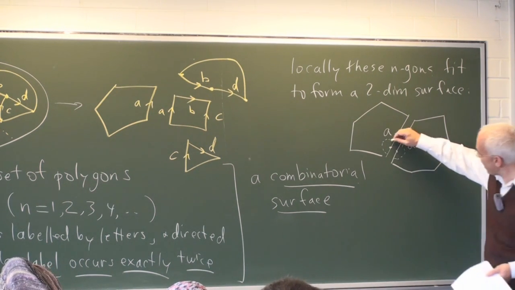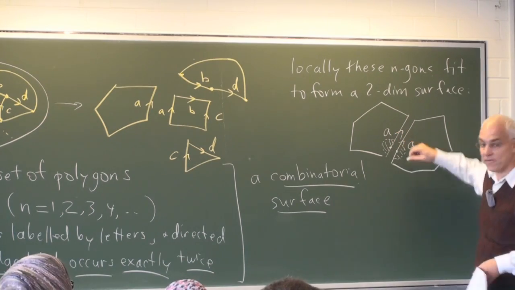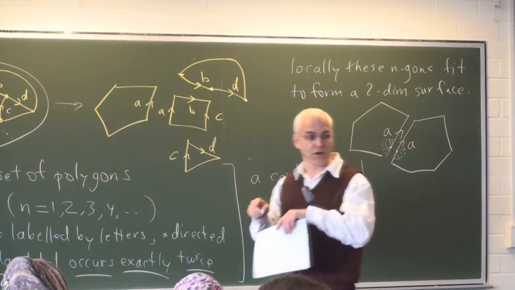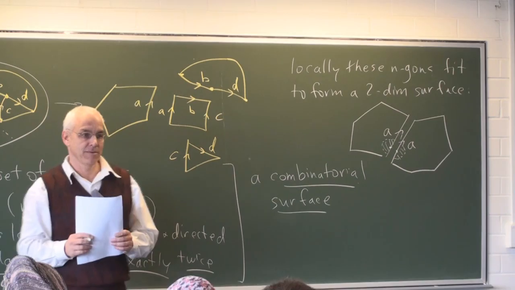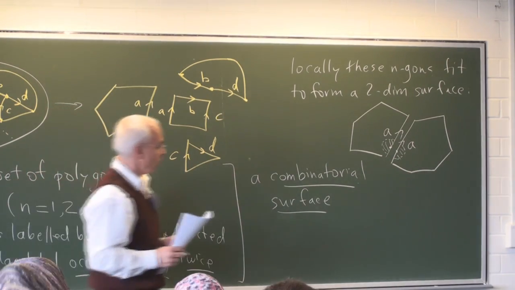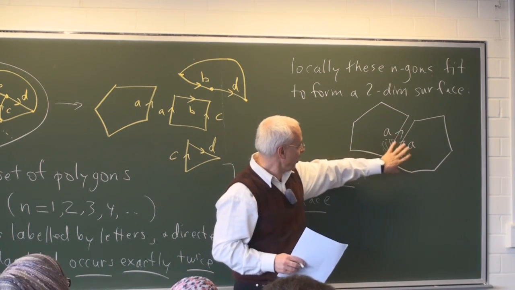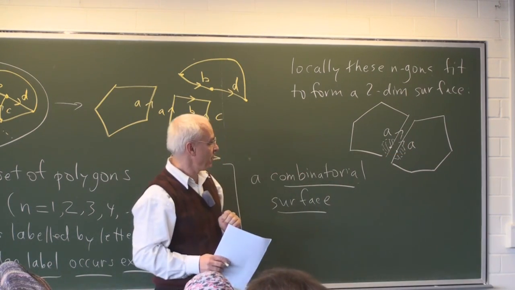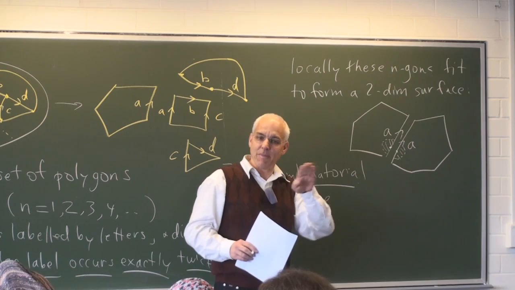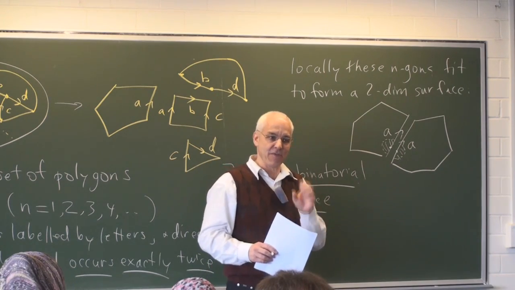Together those two half disks form a little open circular neighborhood of the point. So even though we might be on the boundary of one of these edges, as far as the gluing is concerned, it looks like a two-dimensional surface near that point.